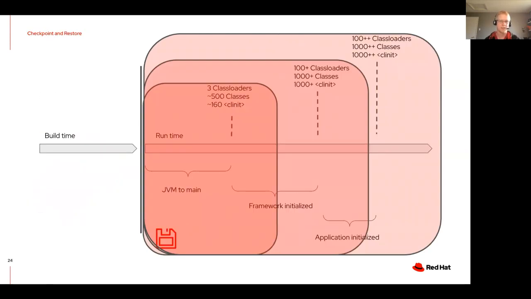So another way to look at this is that we can take that snapshot at different points. We could checkpoint after running main, or after getting our framework initialized, or maybe even after getting our whole application up and ready to serve requests. Maybe we've actually served some number of requests before we're ready to take that snapshot. So there's a whole realm of opportunities here still to be explored.